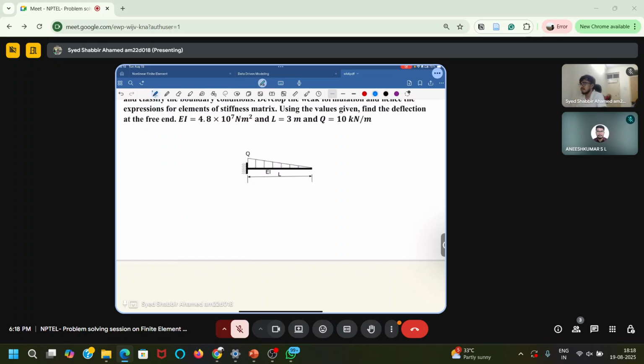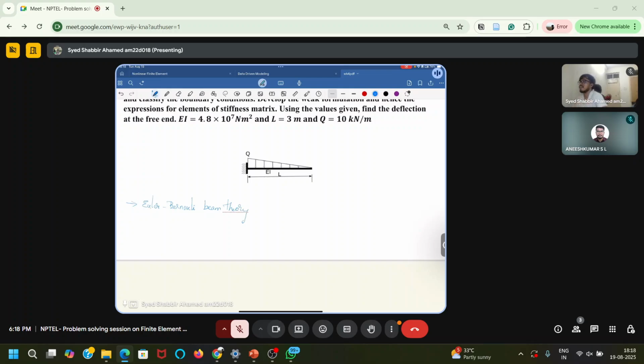So here there are few conditions. We will take the Euler-Bernoulli beam theory. These are my assumptions. In Euler-Bernoulli beam theory, plane section remains plane and it is perpendicular to the axis of the beam.